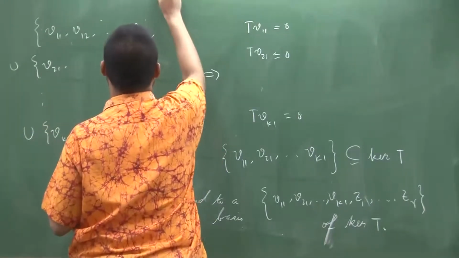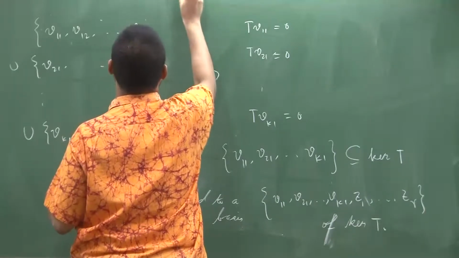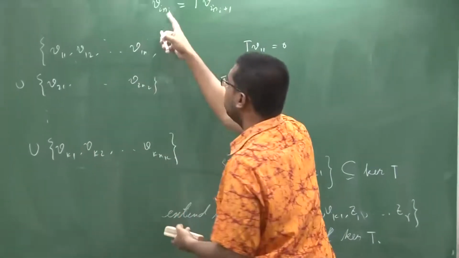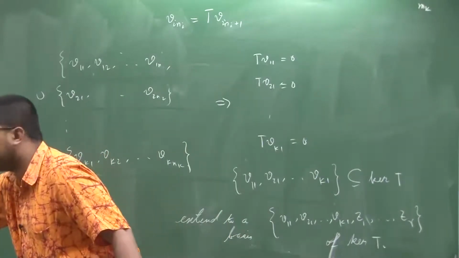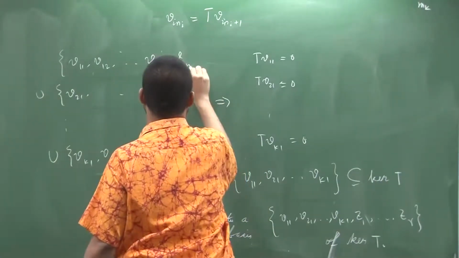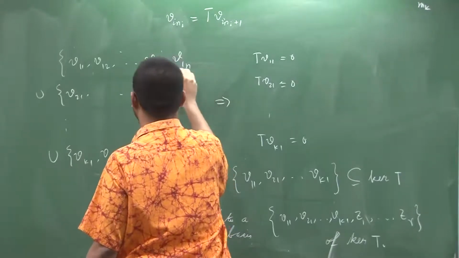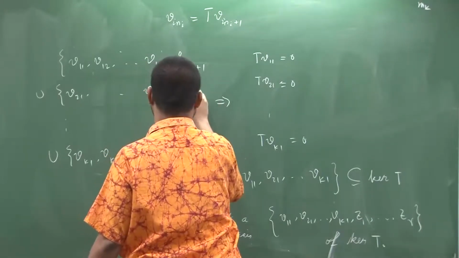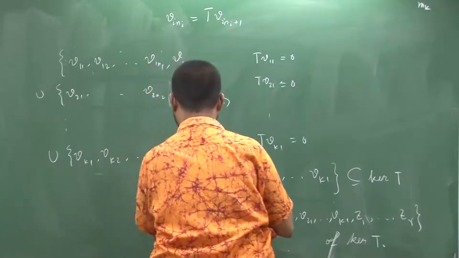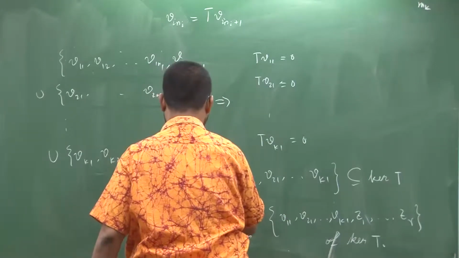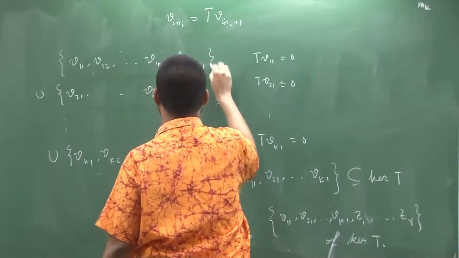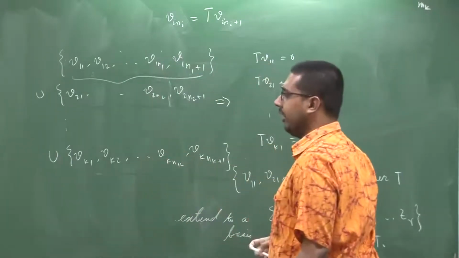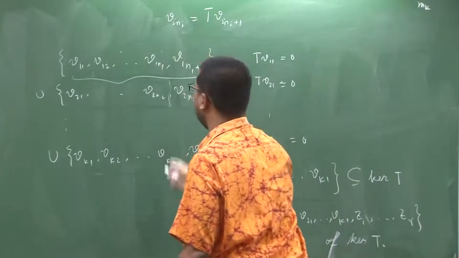So, there must be a vector, for each i, such that v i n i is the image of it. So, therefore, we add one more vector to every string: v1 n1 plus 1, v2 n2 plus 1, similarly up to vk. When we add one more vector in this fashion to every string, you see that it also becomes a Jordan string, because it has the required property.